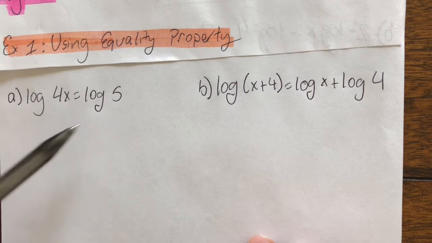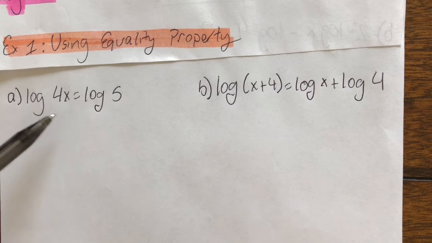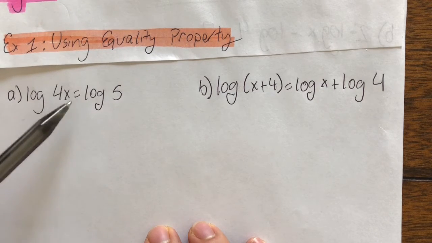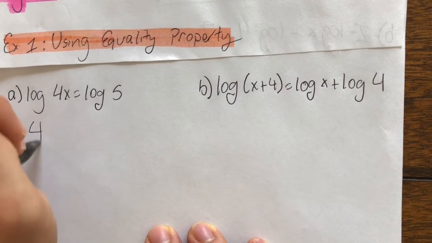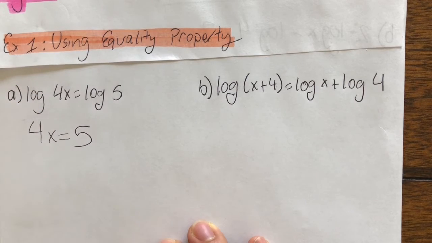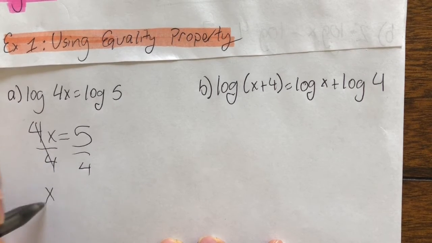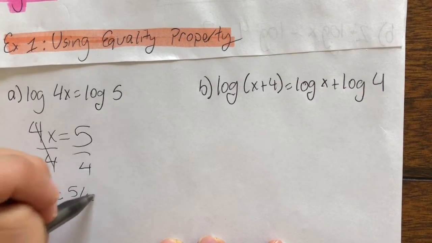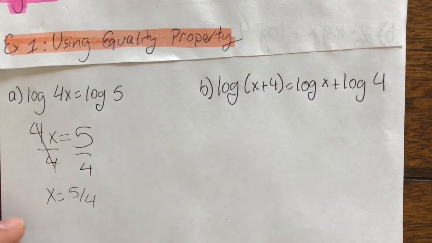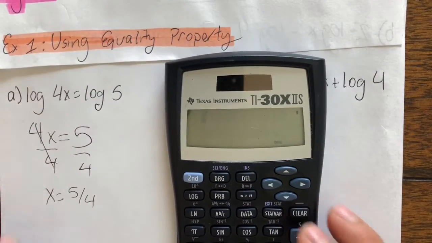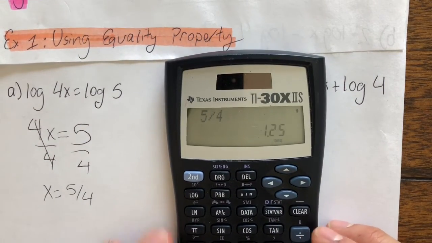Since the bases are the same, we can use the equality property. So we can make 4x equal to 5, and all I need to do is solve by dividing both sides by 4. Then x is going to equal 5 over 4, or if I were to write it in decimal, it's going to be 1.25.